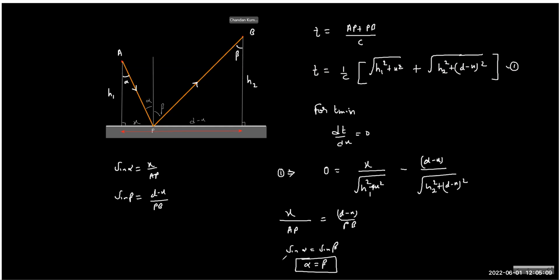To go from one place to another, it will choose the point of hitting which can take you there with the least time, and that's how only those light rays hitting the point P will be reaching B. All other light rays hitting other points will go somewhere else, will not go to B for sure. So P must be selected such that alpha equals beta. Understood? It's clear. Yes, sir.